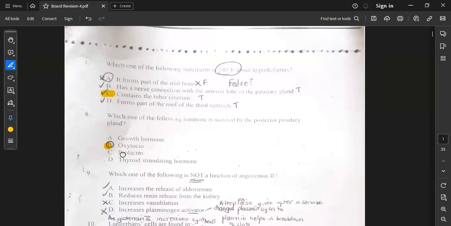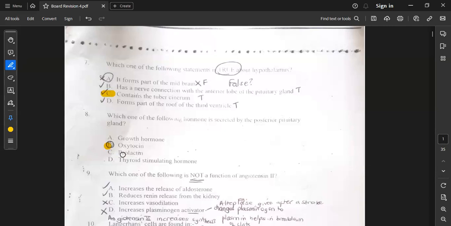The consensus is that angiotensin 2 is a vasoconstrictor. So angiotensin 2 will do what? It will stimulate release of aldosterone. It will reduce renin release from the kidney. Remember the negative feedback inhibition.